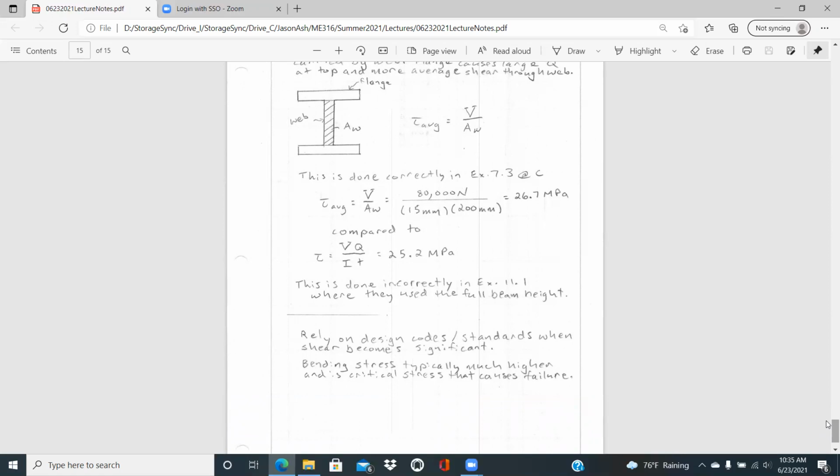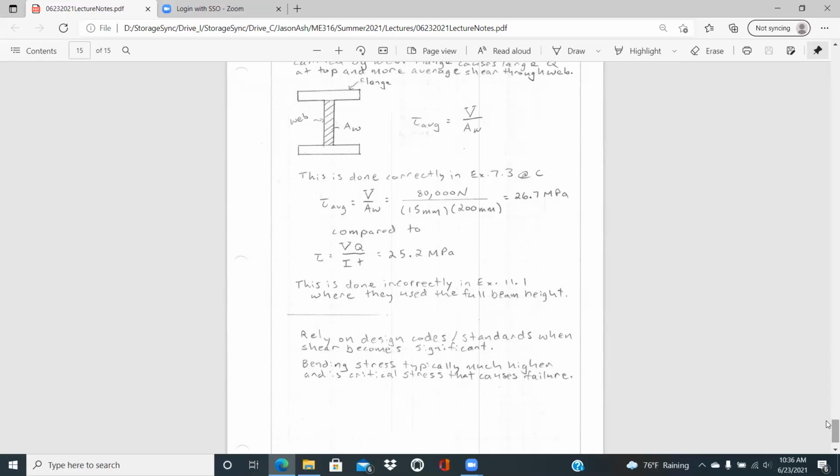And then in other scenarios, you can often rely on design codes and standards when the shear becomes significant. But for all of this, what we'll find is that the bending stress is typically much higher and is the critical stress that causes failure.